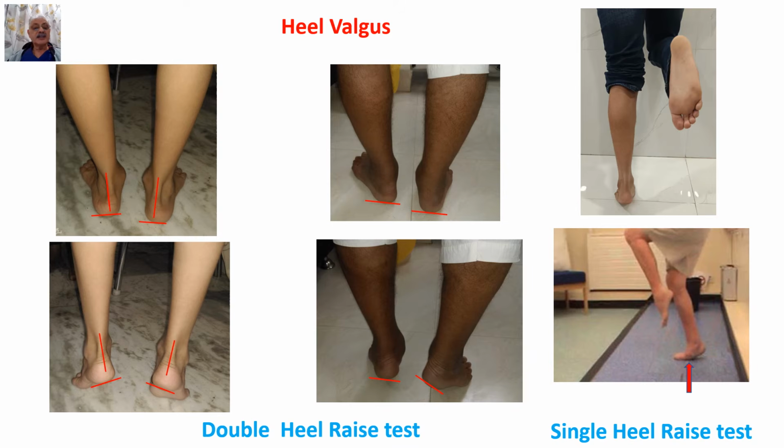Find the heel valgus deformity in adult flatfoot. The patient is made to stand and then observed from behind for the alignment of the hindfoot.